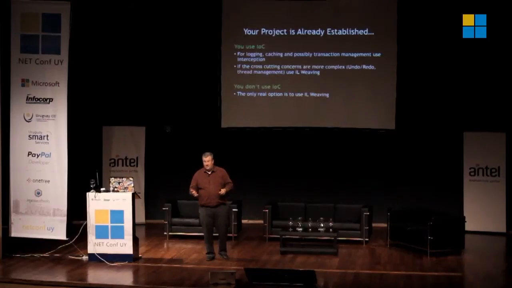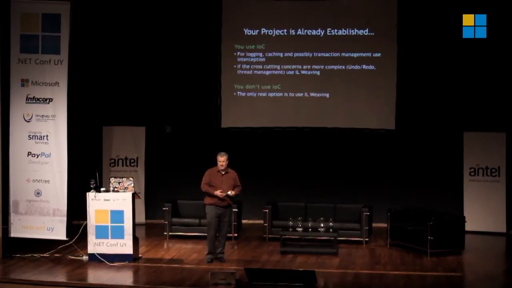Oh yeah, let's add IOC. Adding IOC to your code base is a massive refactoring process. I've looked at code bases that are only maybe 50 to 100,000 lines of code, and we do time estimates in the months to add IOC in. You don't want to take that on just to have cleaner logging or something like that. The value return just isn't there.